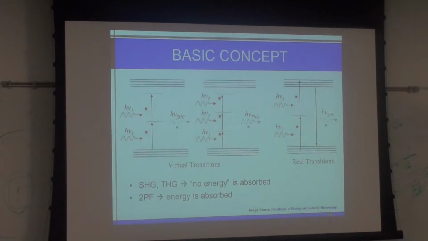Now, what happens? You see all these lines here. Those are vibrational relaxation pathways. The system is going to lose some energy to the lattice, if you will, usually in the form of heat. And then it relaxes back onto the ground state.